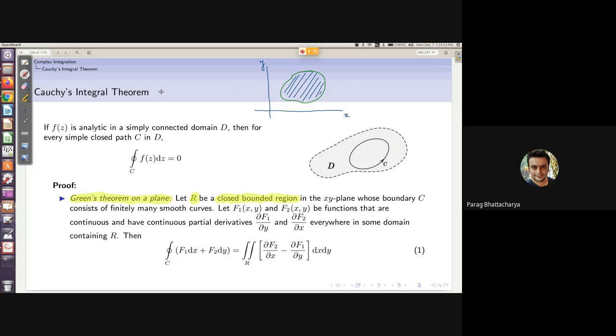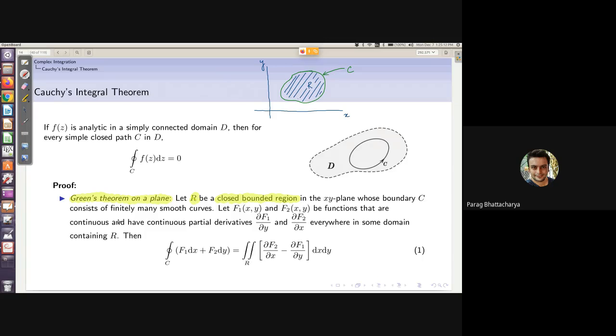This region we call R. R is a closed bounded region in the xy plane, and R has a boundary. The boundary of R is C.